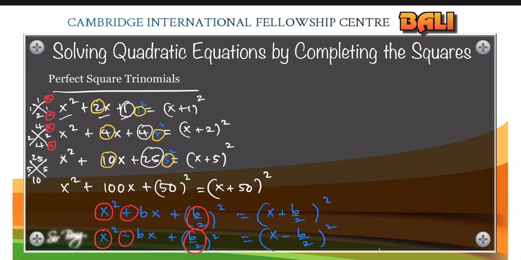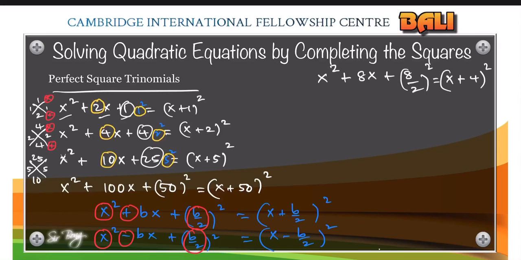Let's have an example here. If you're going to make a perfect square of x squared plus 8x, it must be 8 divided by 2, which is 4. Or you can just simply write 8 over 2 squared, which can be written as x plus 8 over 2, which is 4, so x plus 4 squared.